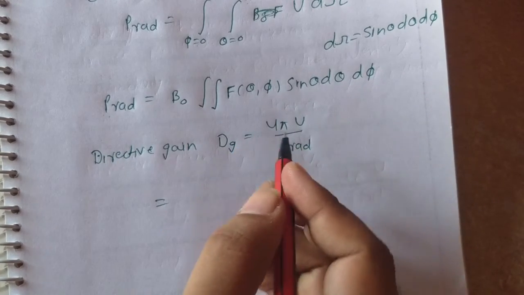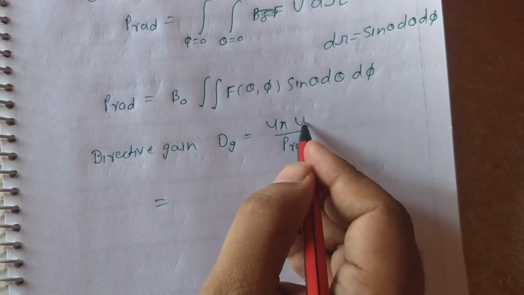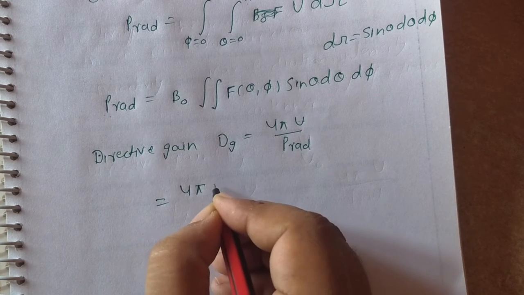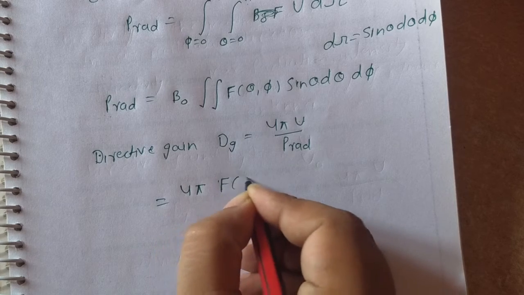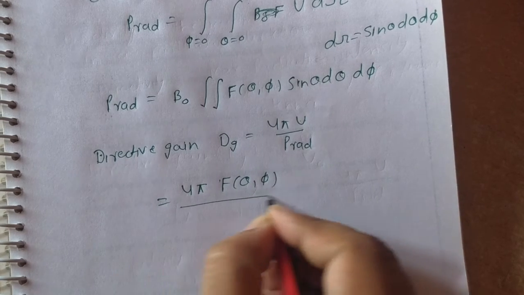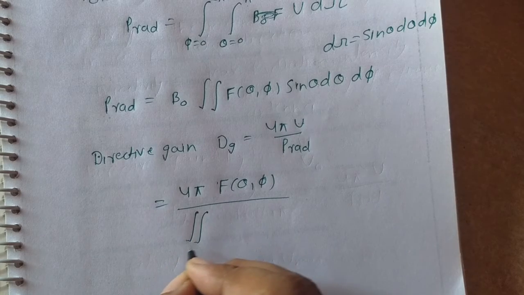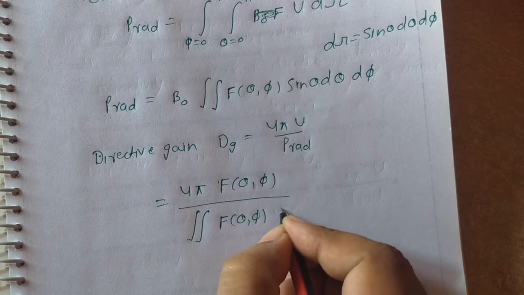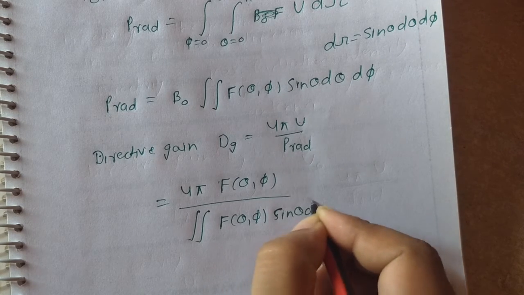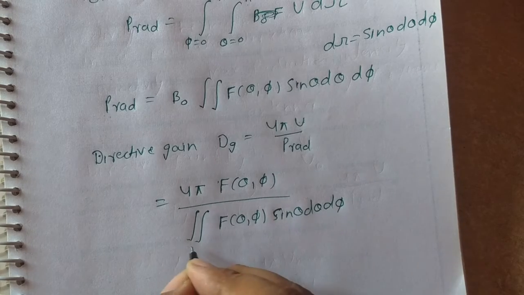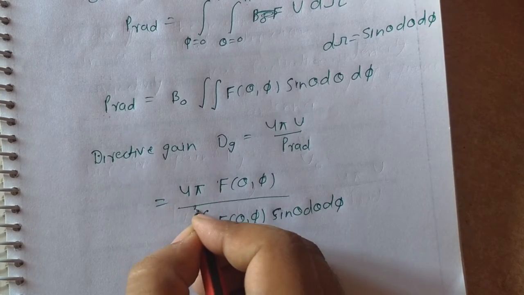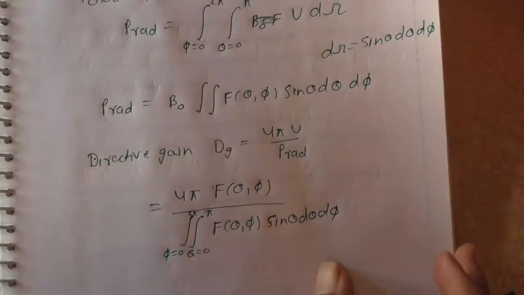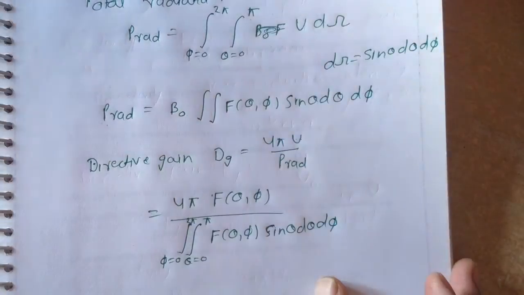We have already calculated the value of P radiation and we know the U. So it will be equal to 4 pi f(theta, phi) divided by the double integral of f(theta, phi) sin theta d theta d phi, where phi varies from 0 to 2 pi and theta varies from 0 to pi. This is the expression of directive gain.